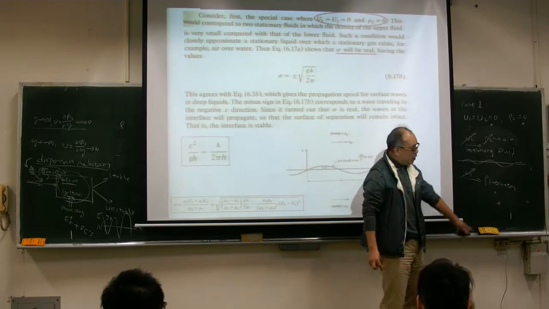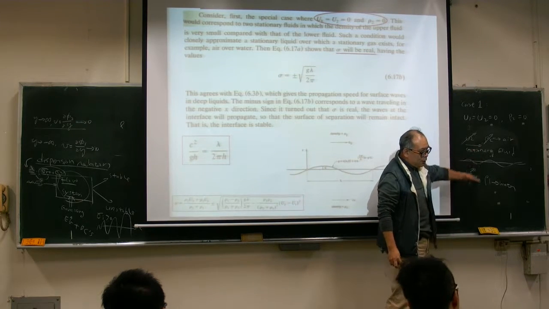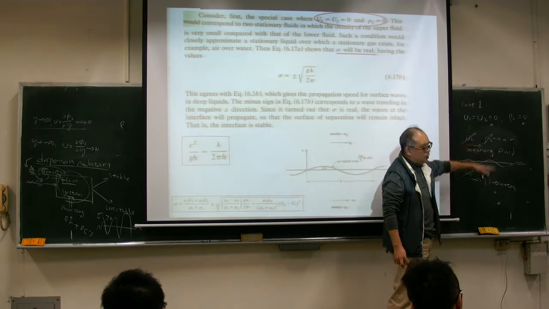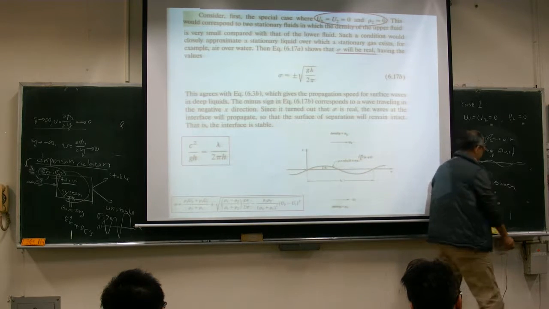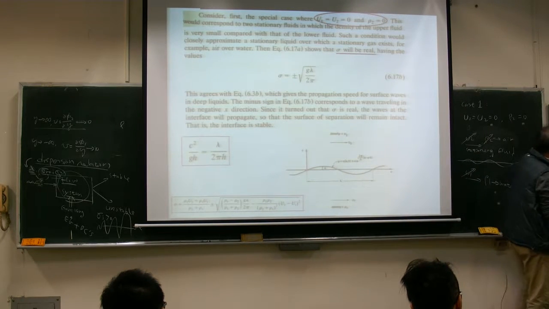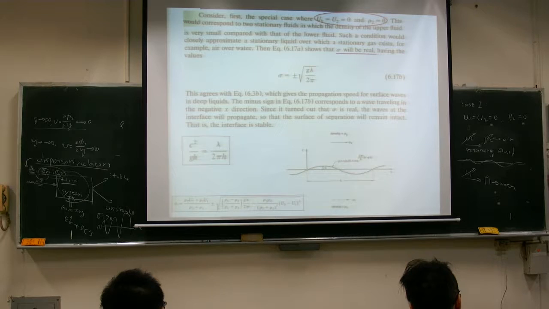And to see what happens under this kind of flow system. Based on this, as you can see here, our rho 2 is equal to 0, so this term is dropped. This term here gives you U1 only.